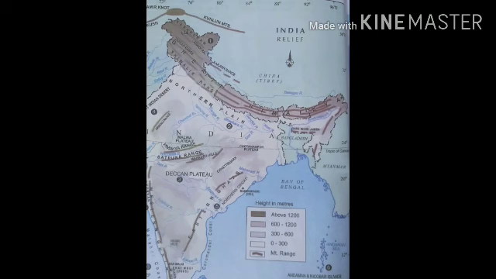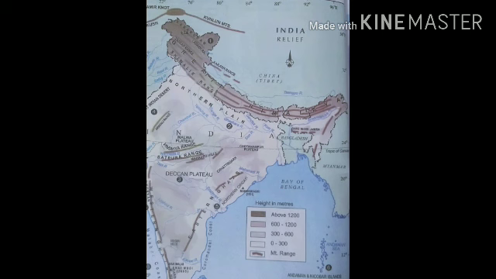So the second division from north to south is Lesser Himalaya, or we can say Middle Himalaya, or Himachal, in which all the main valleys or hill stations we can find.